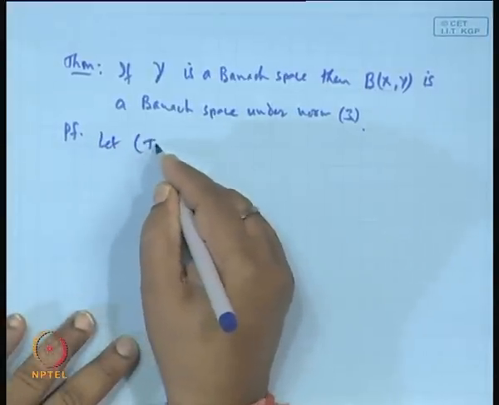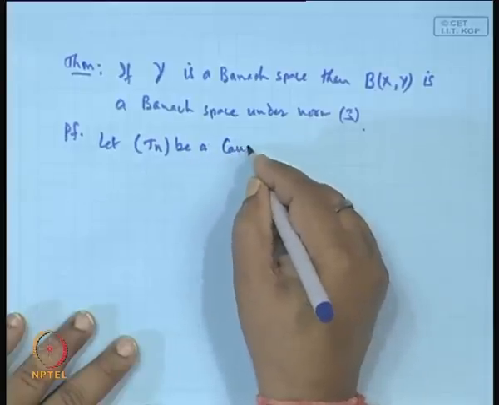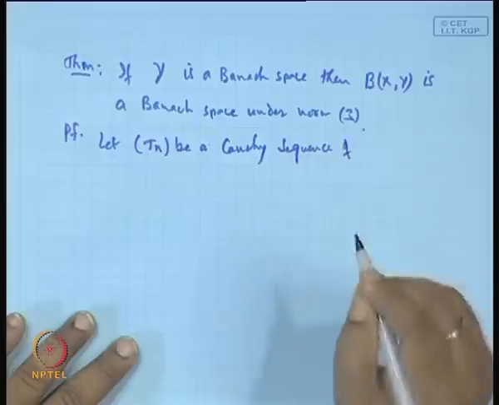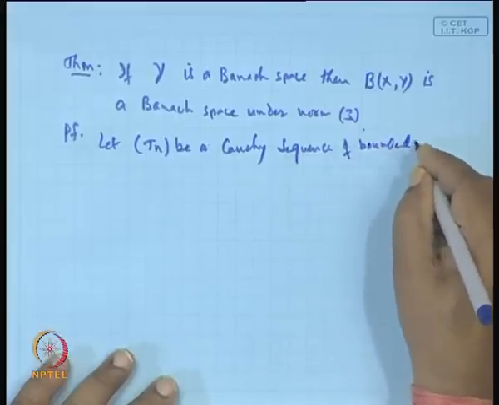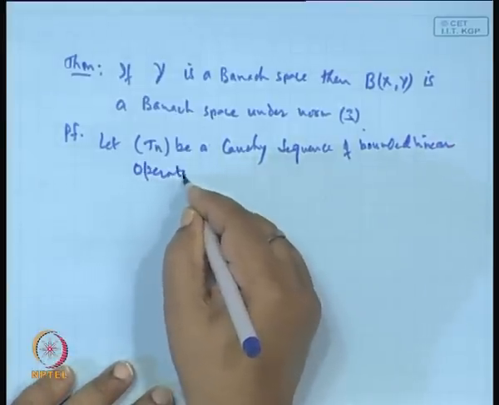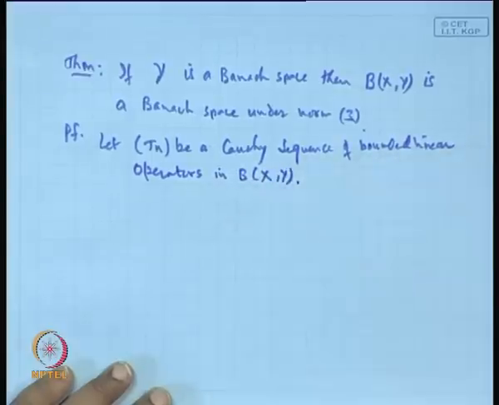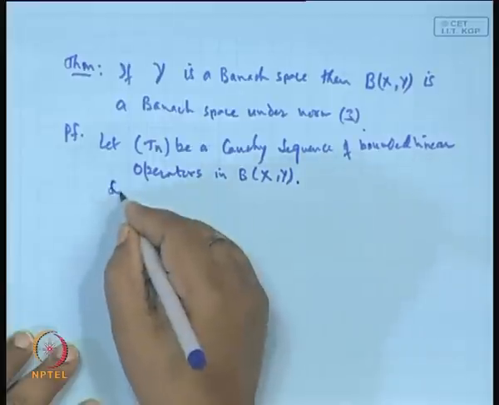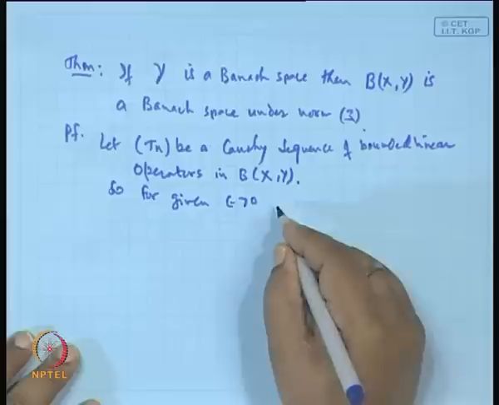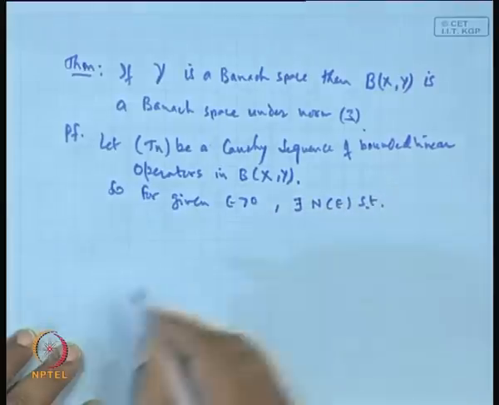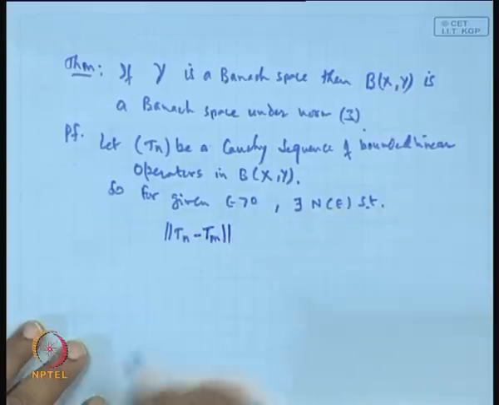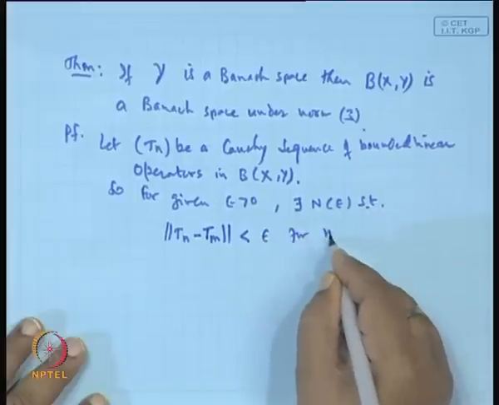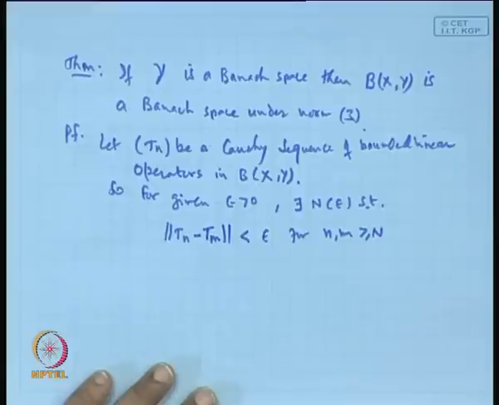So, let T_n be a Cauchy sequence of bounded linear operators in B(X,Y). T_n is Cauchy means, for given epsilon greater than 0, there exists a capital N depending on epsilon such that norm of T_n minus T_m is less than epsilon for n, m greater than or equal to capital N, by definition.